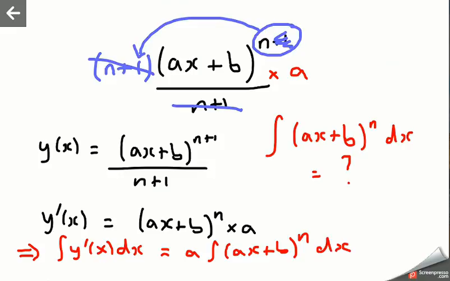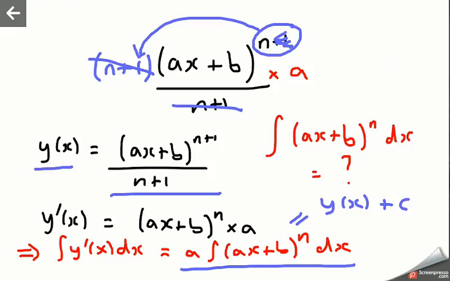I know this by the fact that anti-differentiation is linear, and that means I can just bring this a outside of the antiderivative sign. But I also know that the antiderivative of y'(x) dx must be equal to y(x) plus some constant. In other words, a times the antiderivative of (ax + b)^n with respect to x is equal to y(x), so this thing here, plus some constant.